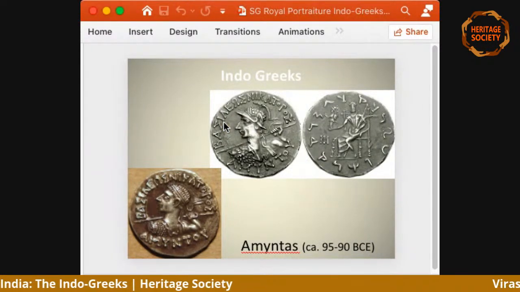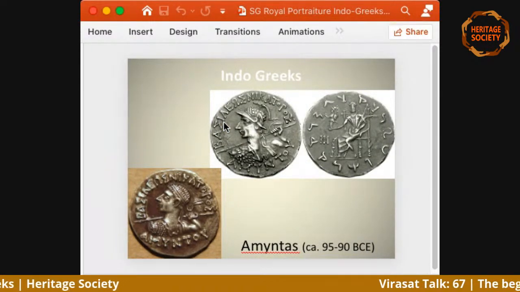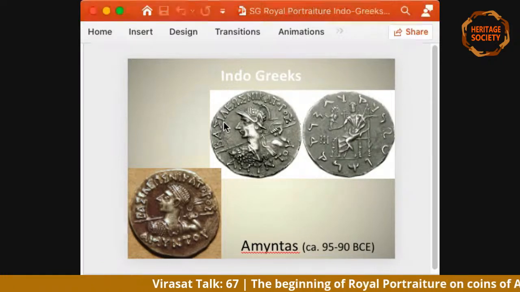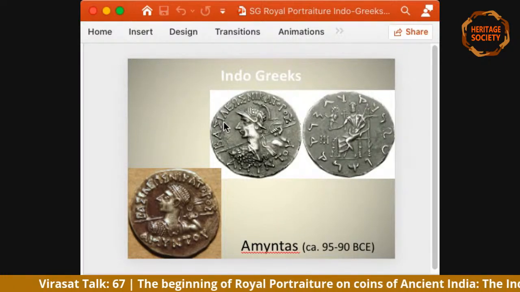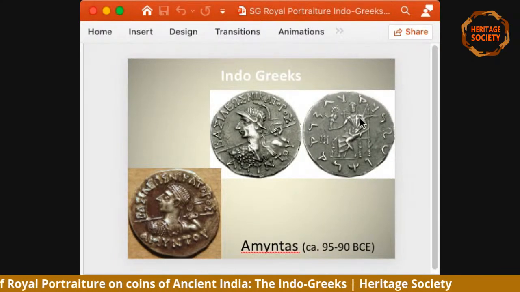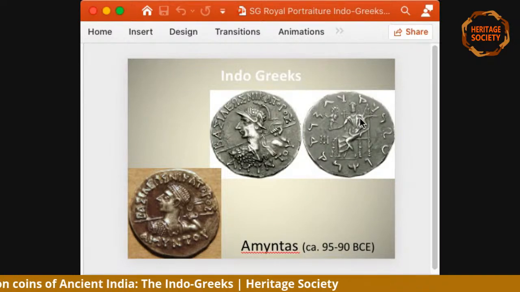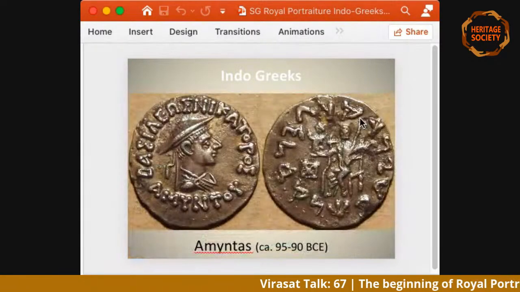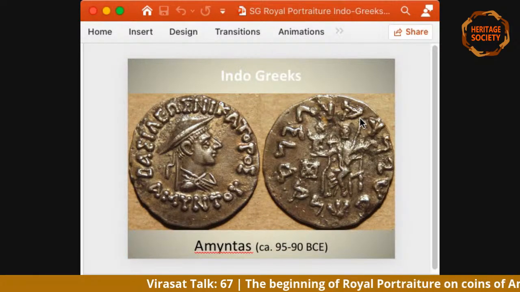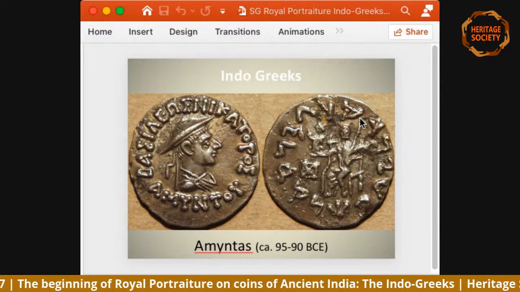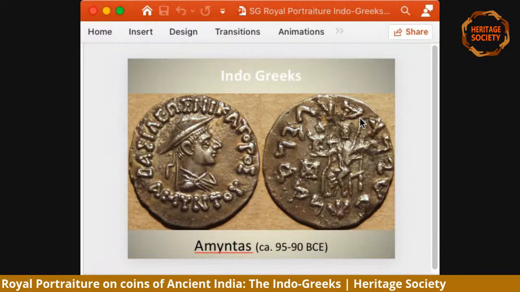And Amyntas is also shown as a warrior, in a helmeted spear thruster type and with a diademed spear thruster type. On the reverse, you see Zeus holding Athena in his hand this time, instead of the other goddess Hecate. And here you see the same king wearing a pakol or kausia, and Zeus holding Athena on the reverse.